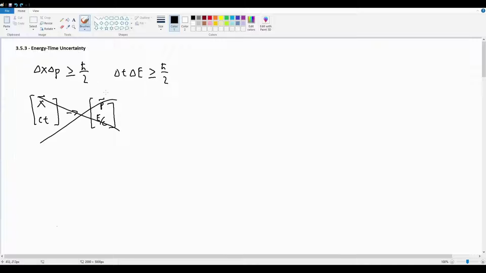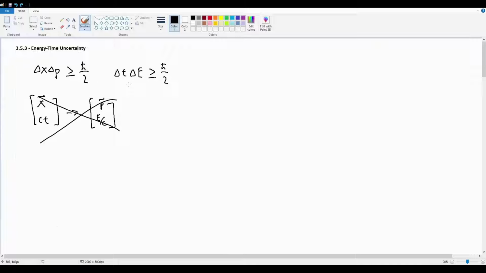Number two, the other reason why we want to look at this is, what does delta t even mean? If you're used to thinking of t as the time of a system, then when you see a delta t, the first logical leap is, okay, maybe delta t is the time it takes for me to measure something, right?